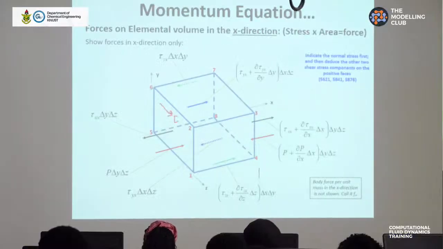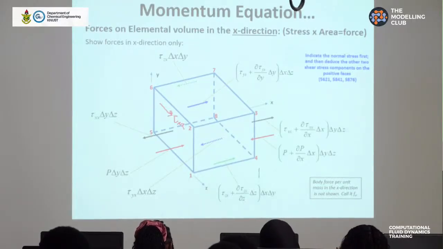So this is the tau xz. But you have to now multiply it by what area?